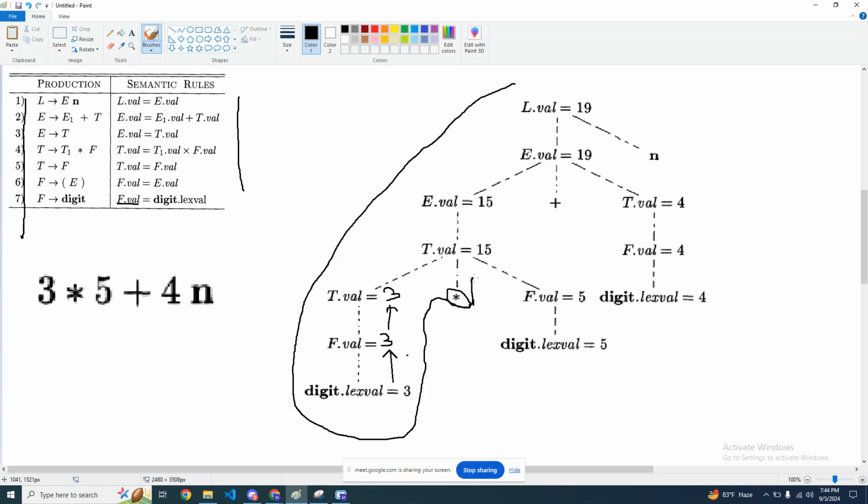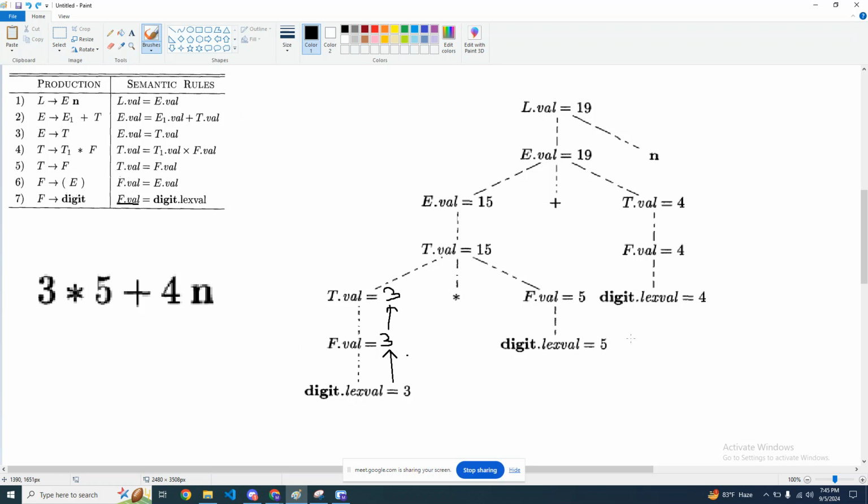We traverse again and reach this node, digit dot lexval. After the star, the next value is 5, so the value of digit dot lexval will be 5. After this node, our next node is F dot val, so we need to calculate F dot val again.